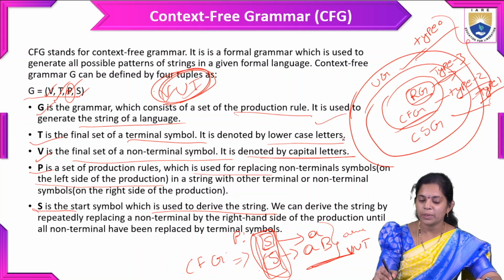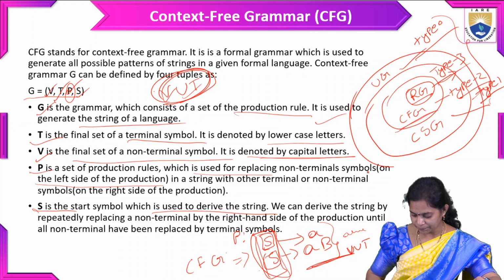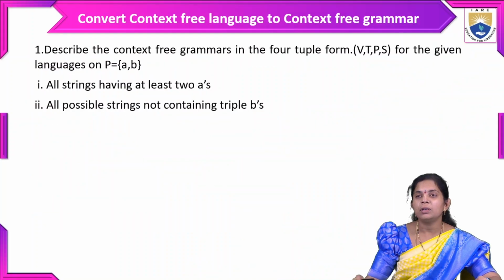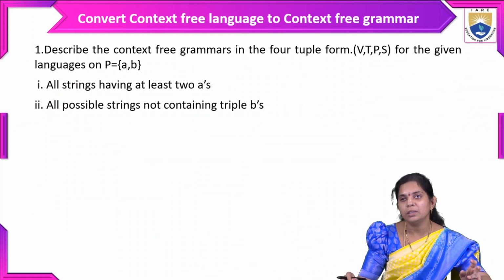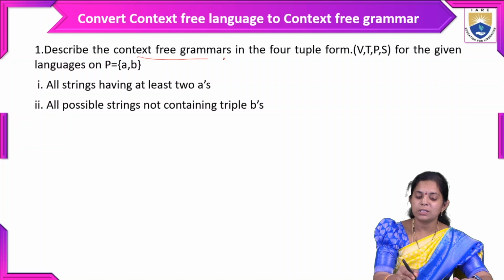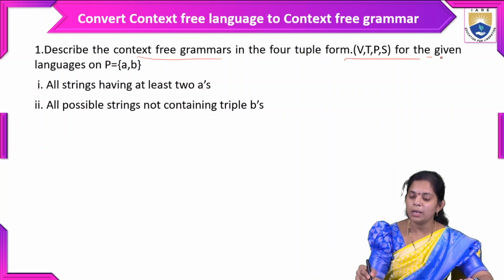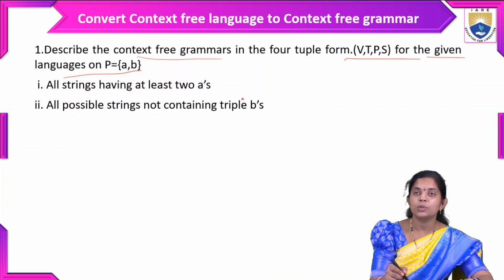So these are the basic definitions for the context free grammar. And coming to the conversion, here we have some examples taken from the question bank. The first one is about the context free grammar, which has a 4 tuple for the given language. So we need to find the grammar for these 2 languages.